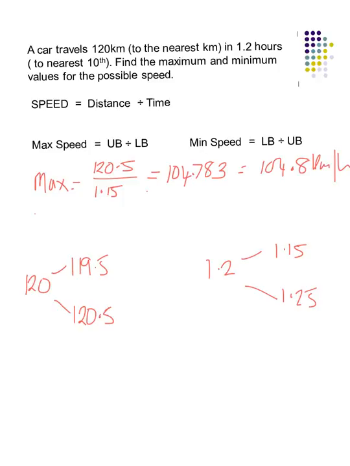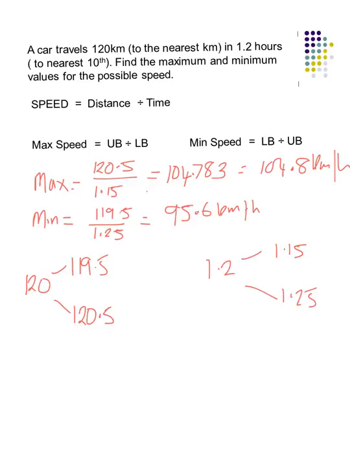And my minimum speed is going to be the lower bound for the distance, so that'll be 119.5 divided by the upper bound for time, 1.25. If I put that into my calculator, 119.5 divided by 1.25 gives me 95.6 kilometres per hour.